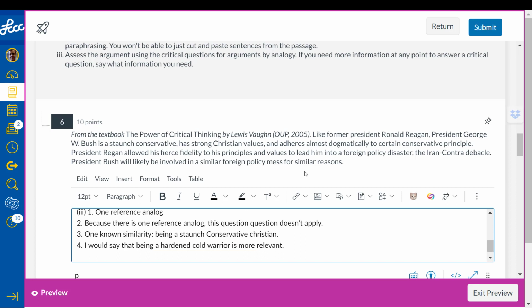Is relevant information missing? Well, yeah, actually, Cold War, but this isn't a relevant difference. So actually, we're going to say no relevant differences.